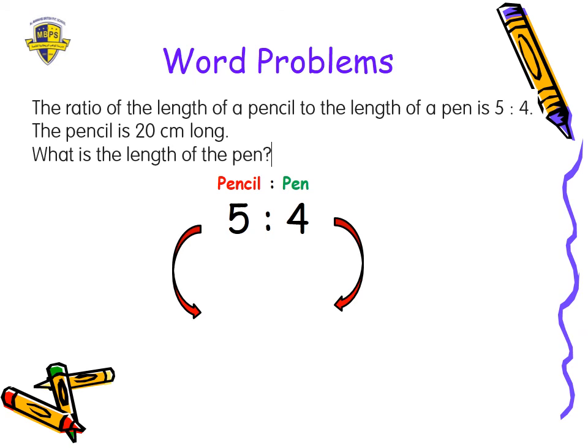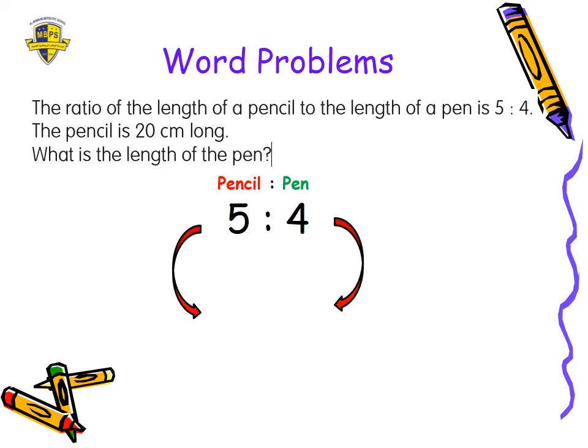Now the next example. Here the ratio of the length of a pencil to the length of a pen is 5 to 4. The pencil is 20 centimeters long, and what is the length of the pen? So pencil to pen, this is the ratio 5 to 4.